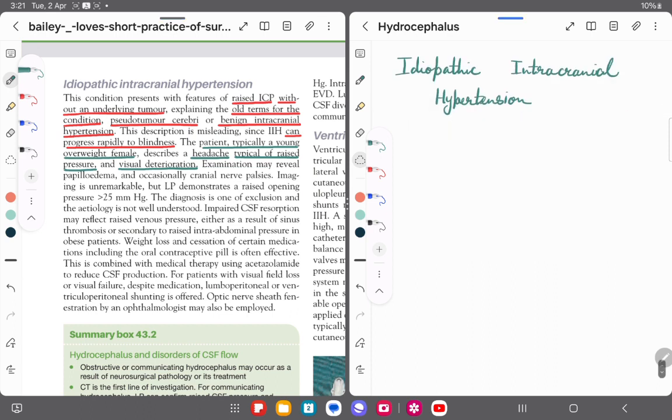So let us note everything down now. How does it present? It presents with raised intracranial pressure without an underlying tumor.